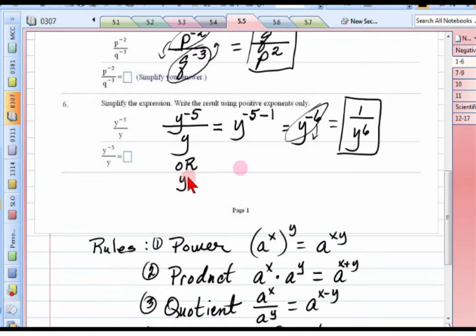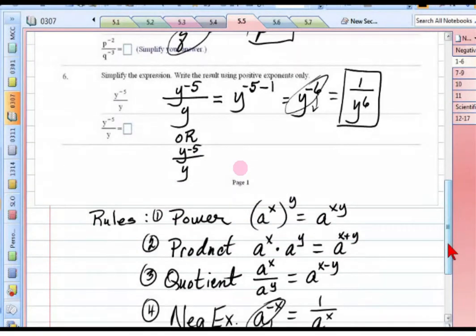Could I look at y to the negative 5 over y? Now, this is not how I would suggest it, but it worked, and so I want to tell you that using this order, 1 through 4, is not mandatory. What she said was, I moved it first. Okay, what was left in the numerator?